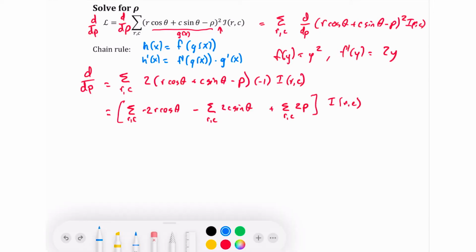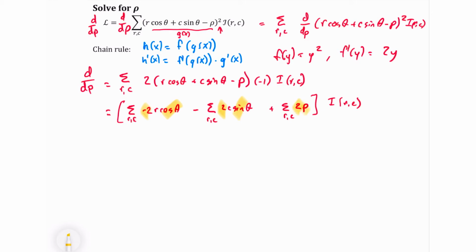Now I can pull out everything here that is a constant. My constants are the -2, and this theta is going to be constant. My r will change. I've got my 2 here and my sine theta, and then my 2 rho. And so that's going to equal -2 cosine theta times my summation over RC of r times my indicator RC.